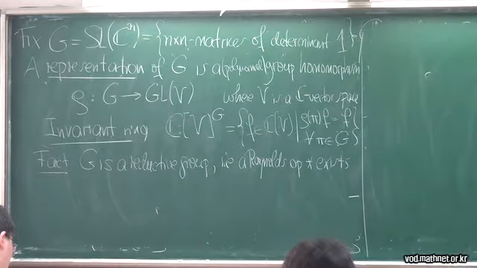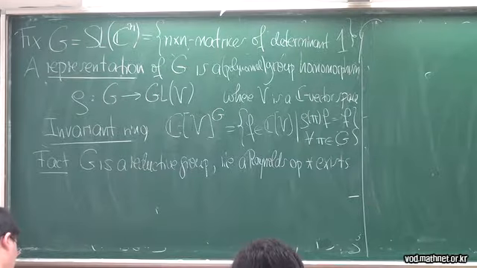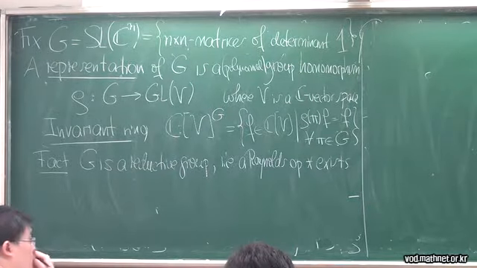I'm not going to write down the Reynolds operator for you. There are different ways of writing it. I'm just going to talk a little bit of philosophy about the Reynolds operator. So for SLN, there exists a Reynolds operator. And therefore, by what we said, invariant rings are finitely generated, right? It's the same proof. Okay?